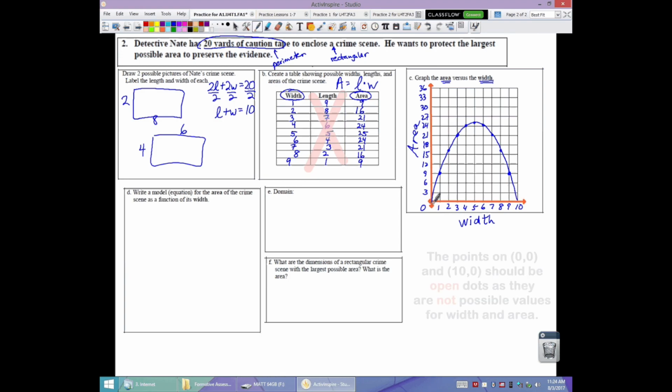However, we couldn't really have a width or an area of 0, so this should be an open dot. And same thing, we couldn't really have a width of 10 because then the length would be 0, so that is the actual perfect graph there. A continuous parabola that starts from 0, 0 and extends to 10, 0, but does not include either of those endpoints.